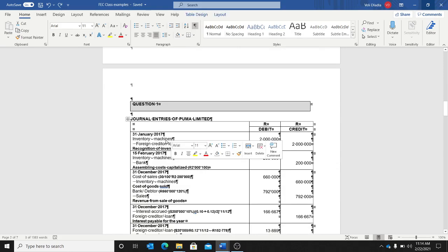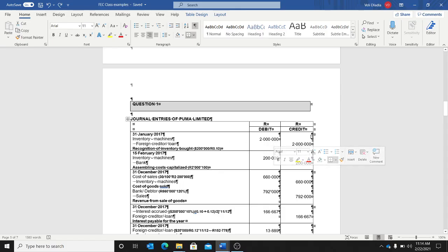We call it inventory because this person is selling these machines. If you then look at the transaction here, I'm trying to click here, but you'll see the first journal entry, this one here.